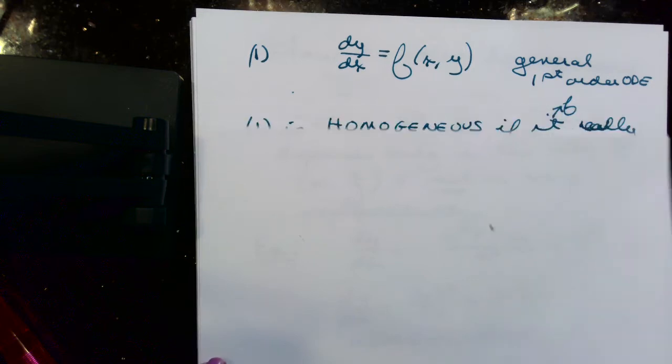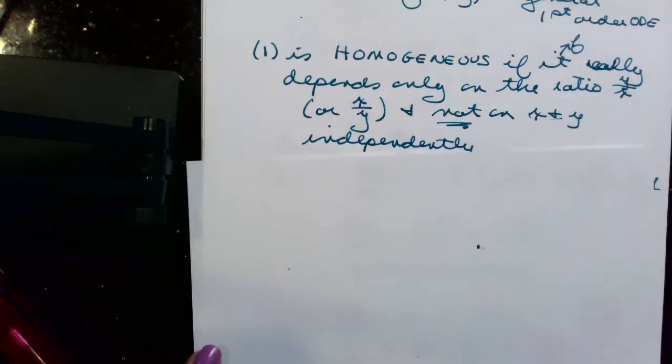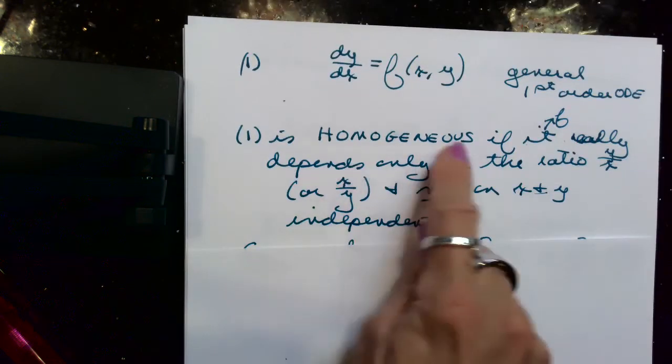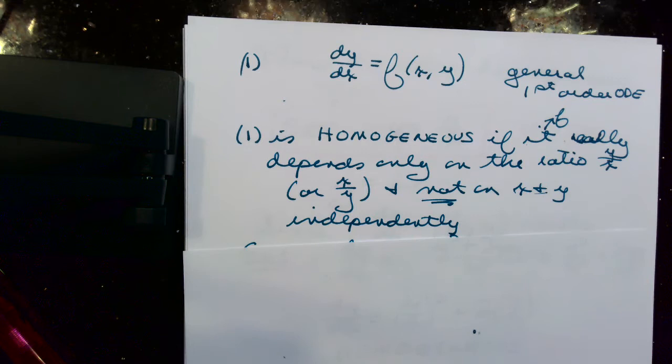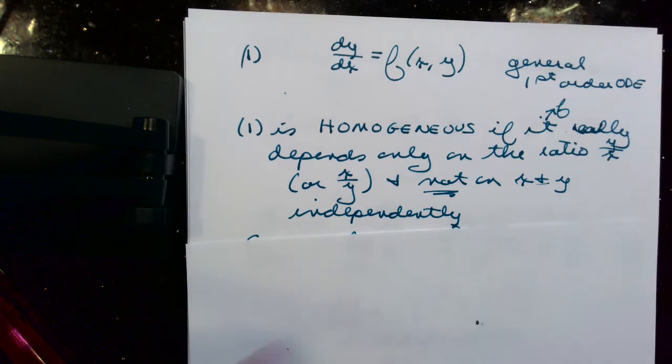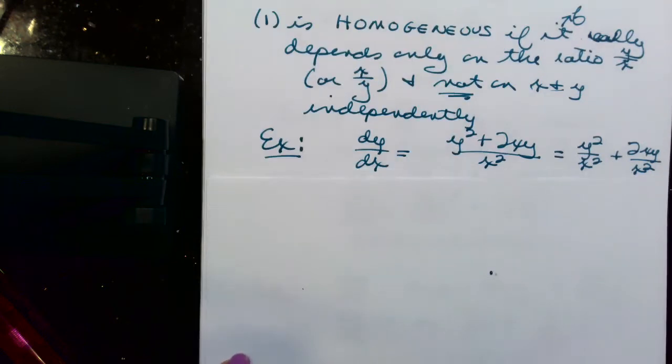Well, we're going to say that an equation of this form is homogeneous in this sense if f, the function f up here, is really only dependent on the ratio of y over x, or equivalently, you could say of x over y, and not really on x and y independently.